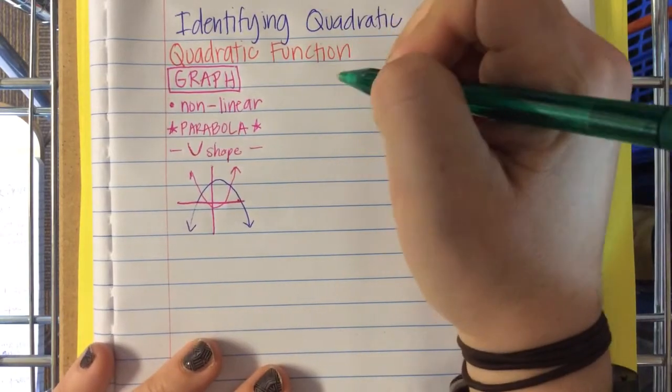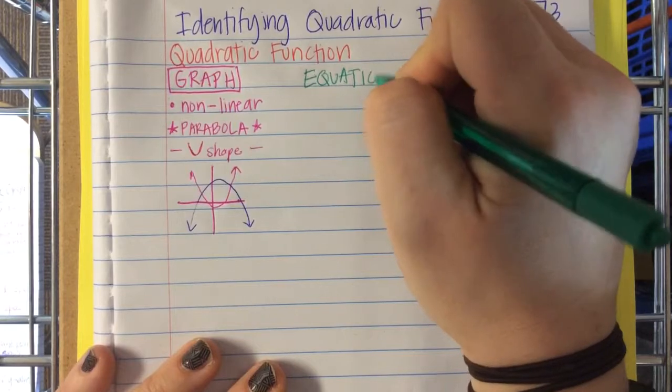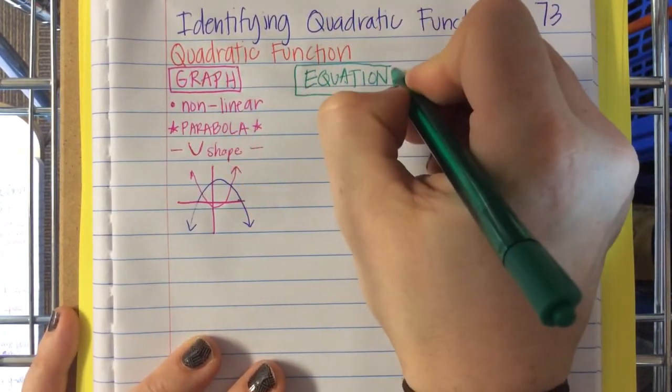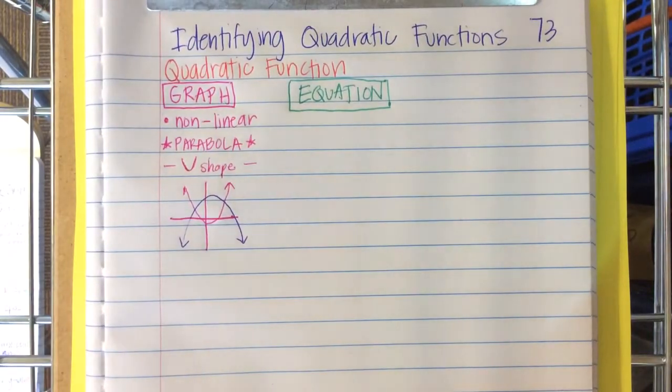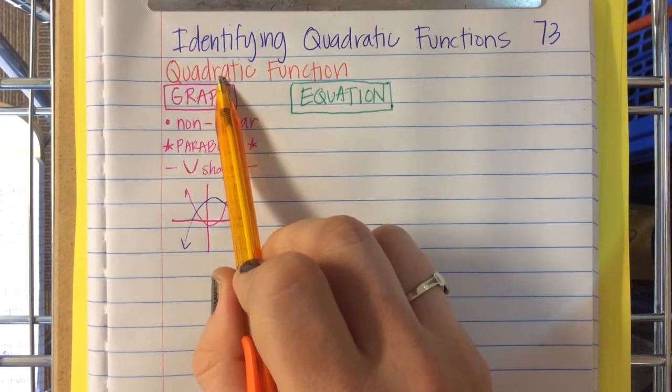If we have an equation, you could say, yes, it's a quadratic function, or no, it's not, just from an equation. When we identified polynomials, quadratic meant what?